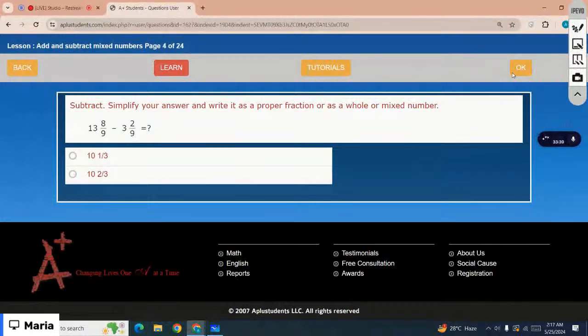That is 10 whole 2 over 3. Option number 2 is the correct option.